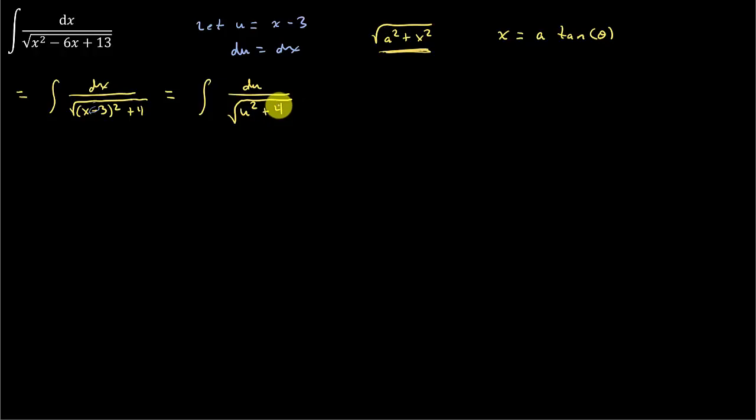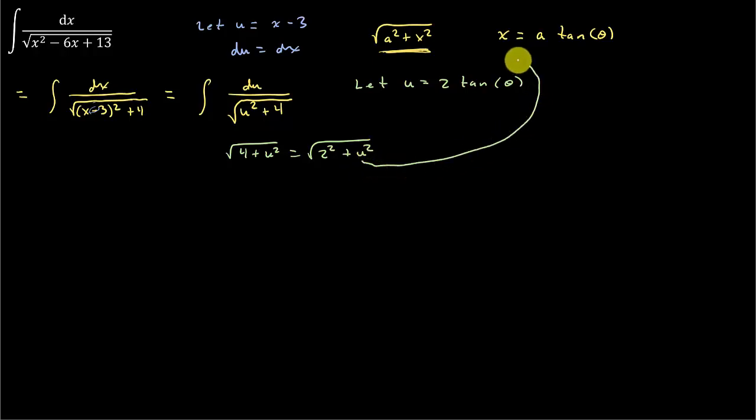So I'm going to make my substitution. I'm going to let u equal 2 tangent theta. If I write it in this form, this would be the square root of 4 plus u squared, which is the square root of 2 squared plus u squared. You can see u is my x, and the 2 is my a.